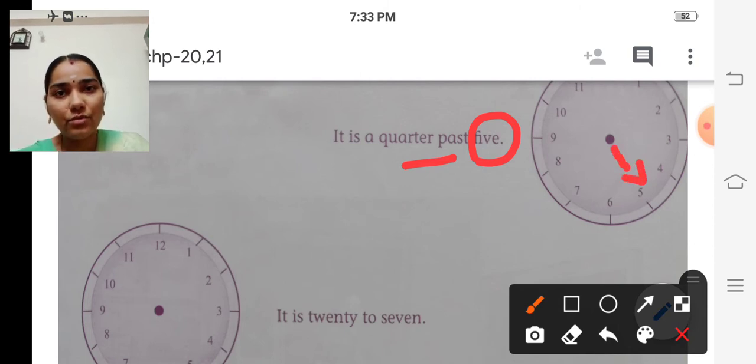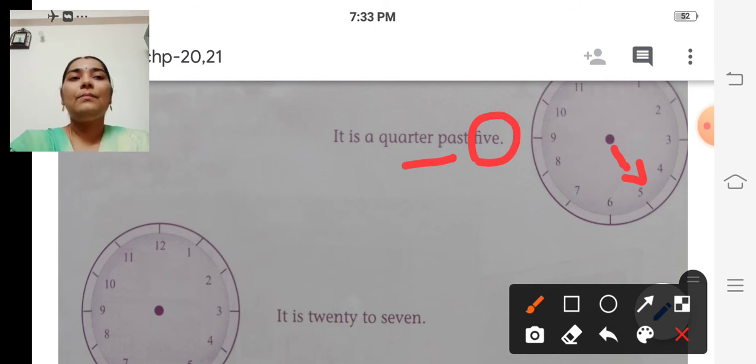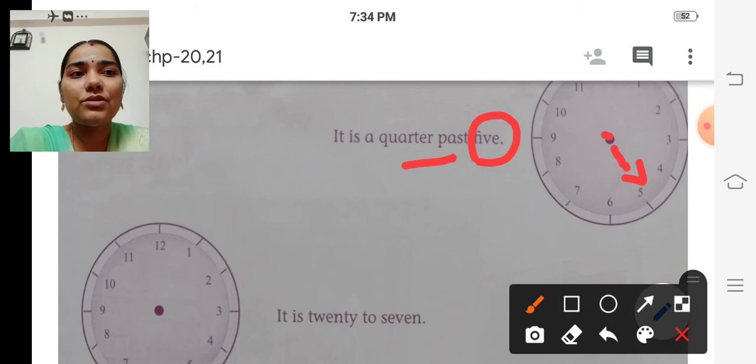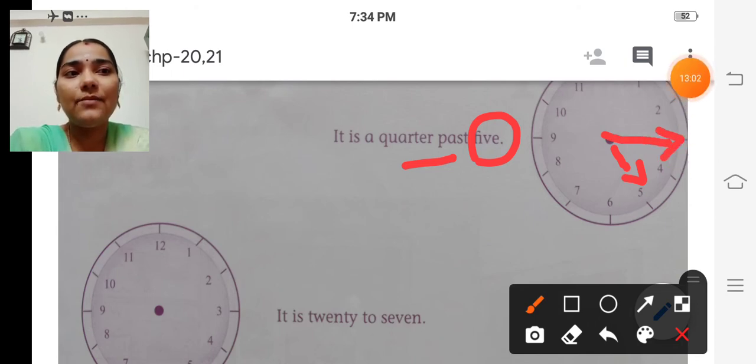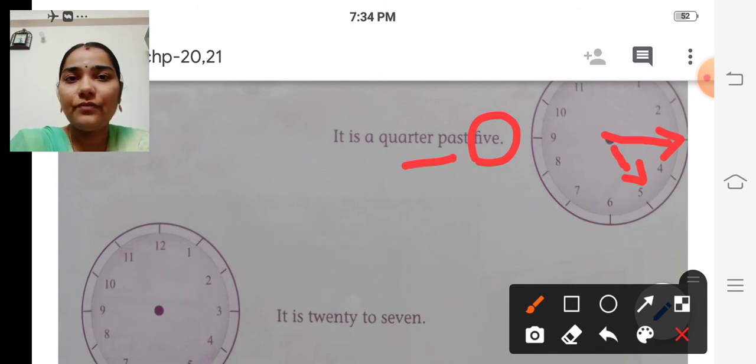The minute hand should be at a quarter, so it should be at 3. Okay, it is a quarter past 5. So it is the representation of quarter past 5.